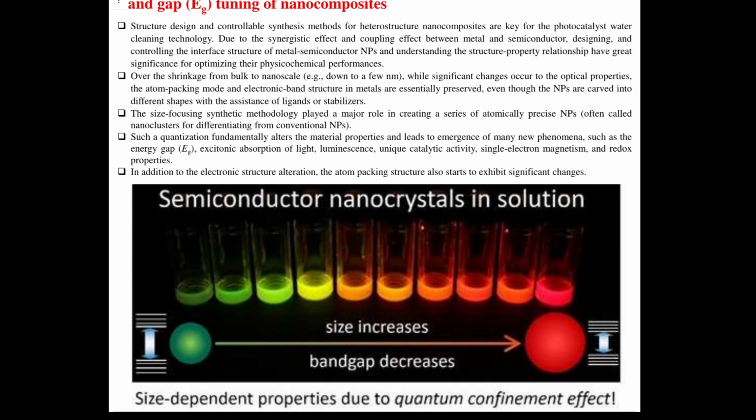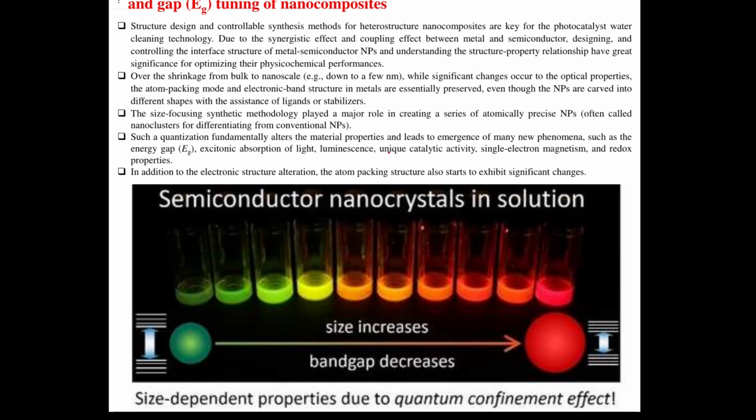That's also because of the absorption of light, what wavelength of light they absorb, and the energy of the photons they emit. Accordingly, you get different colors of semiconductors in solutions. This also depends upon the absorption of light, and for that you need to tune the band gap. One example we can discuss is TiO2 doped with nitrogen.